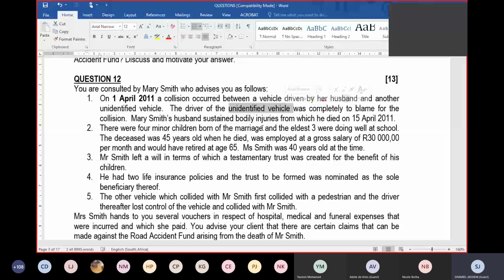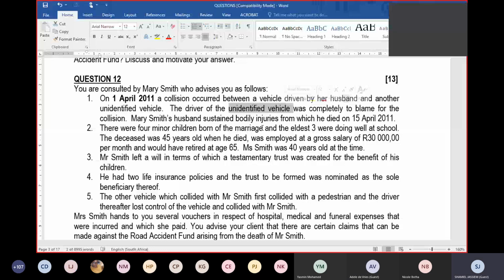Remember, prescription, if it's a fatal, it starts from date of death. If it's non-fatal, date of accident. The accident date was on the 1st of April 2011, and he died on the 15th of April 2011. So is this a fatal or a non-fatal injury? Fatal.